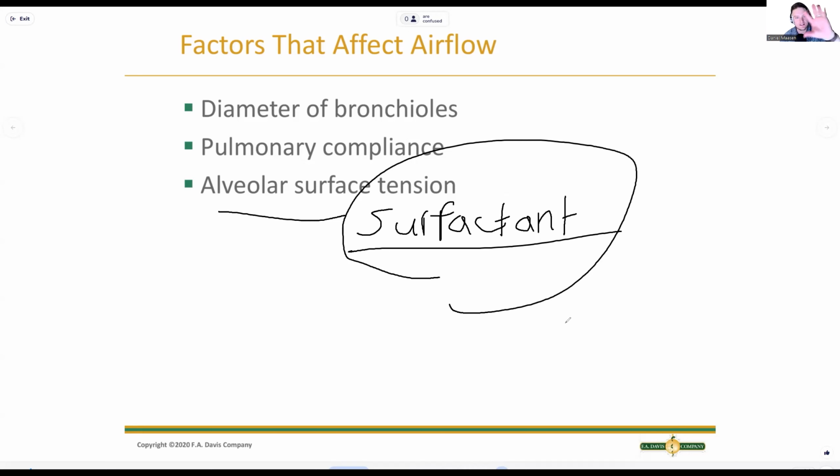So out of these factors that affect airflow on that page, the one word that coincides with alveolar surface tension is surfactant. This substance helps keep the alveoli open. That's how I would describe it. So, factors affecting airflow, one big one, surfactant: a substance produced in the lungs that keeps the alveoli open and keeps them from collapsing.